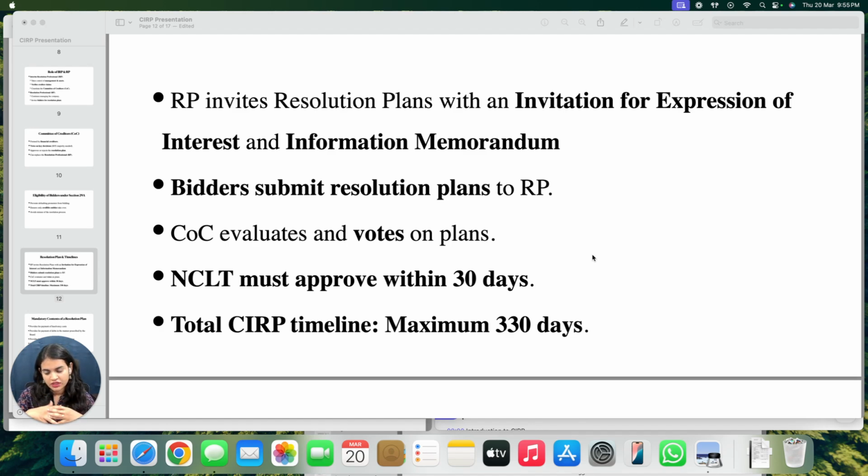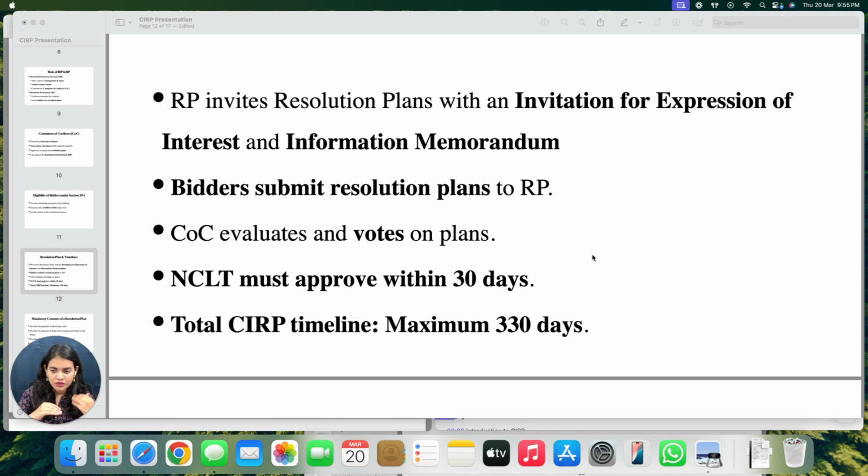They are also required to submit an affidavit stating that they do not fall under the ineligible people identified under Section 29A. And most importantly, they're also required to submit a confidentiality undertaking.